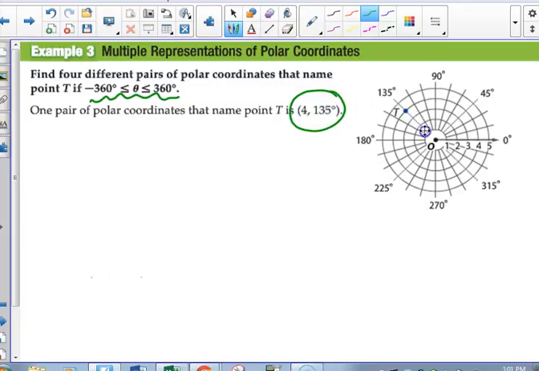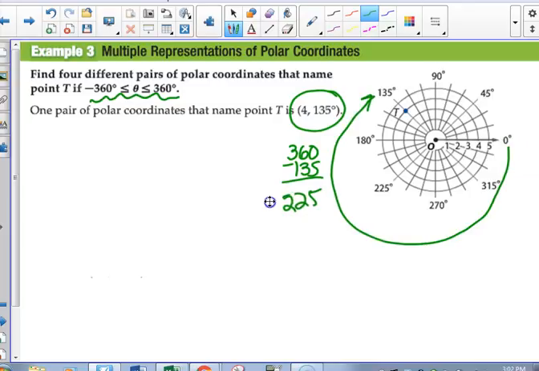All right, here's one name for T. They went 135 and out 4. That's one name. It wants a total of 4, so I need 3 more. If I subtract from 360, I get 225, but that would have to have been a negative direction to take me to that same spot.